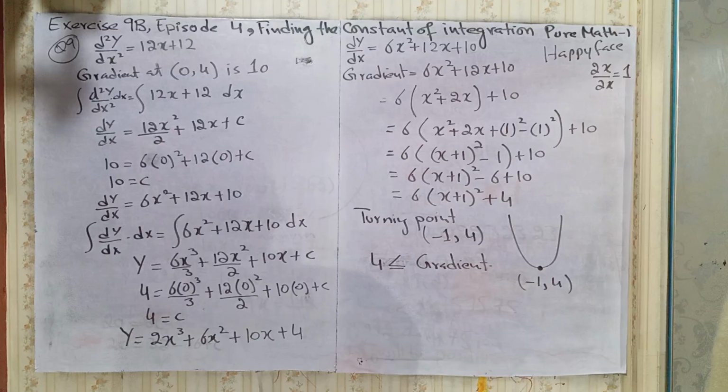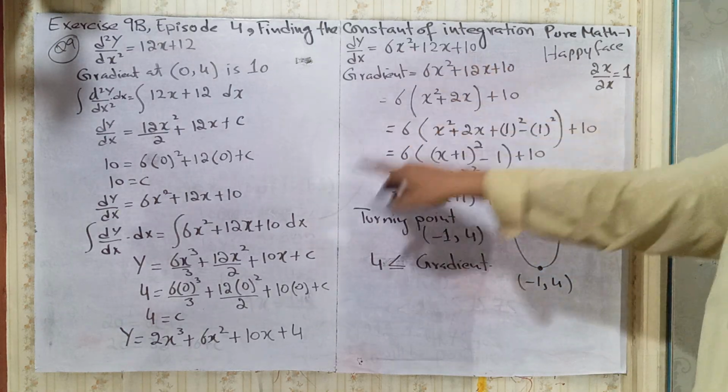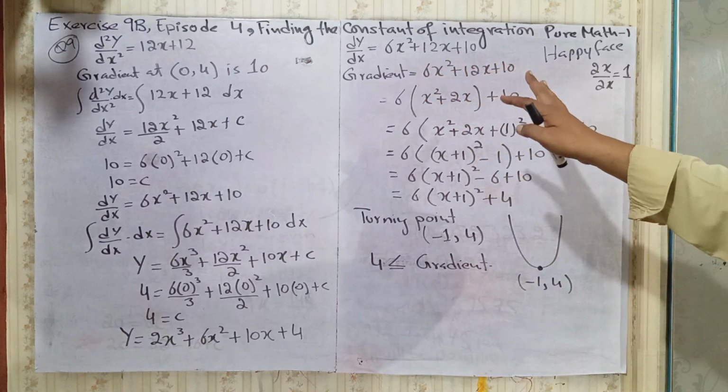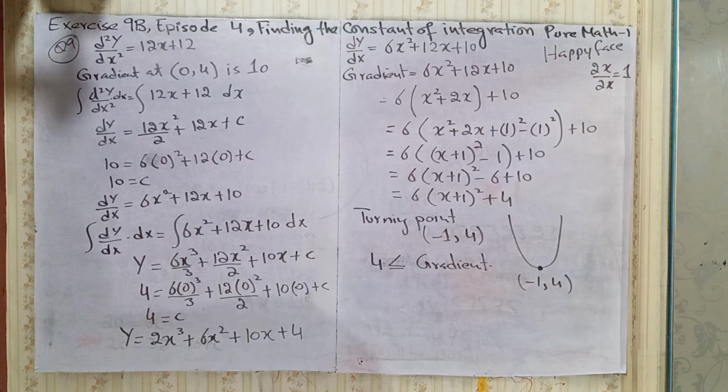Now in the B part they ask us to show that the gradient is never less than 4. The dy by dx represents the gradient, and its expression is 6x squared plus 12x plus 10. Because this is a quadratic, I will do completing the square.